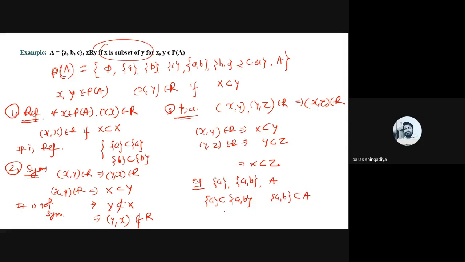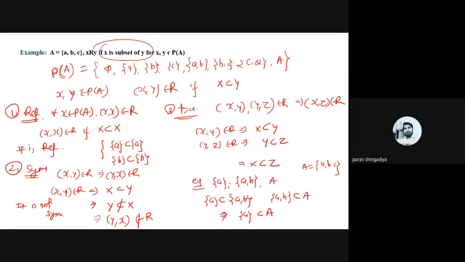What does it mean? We can easily say that {a} is a subset of {a, b, c}. Here x is a subset of y and y is a subset of z, so y should be common. I have considered y as {a, b}, and {a, b} is a subset of {a, b, c}. So we can say that singleton {a} is a subset of {a, b, c}.